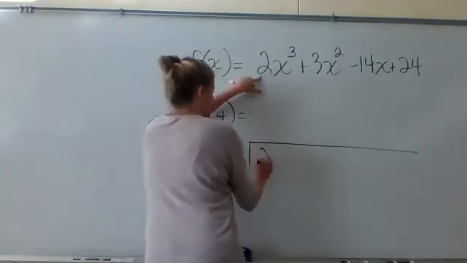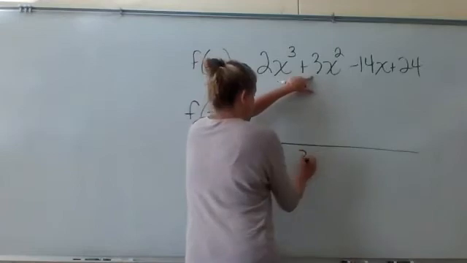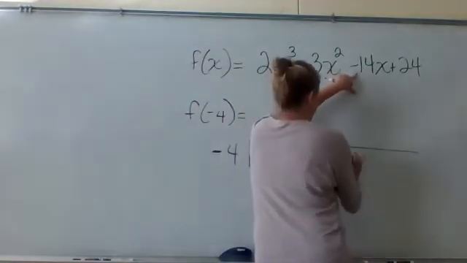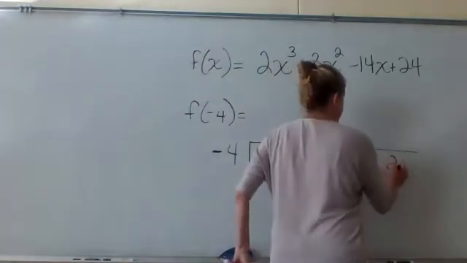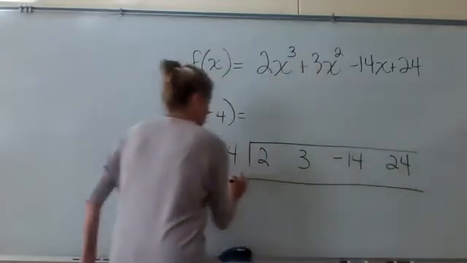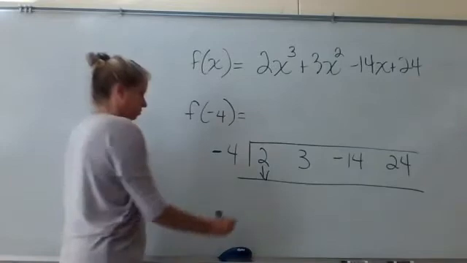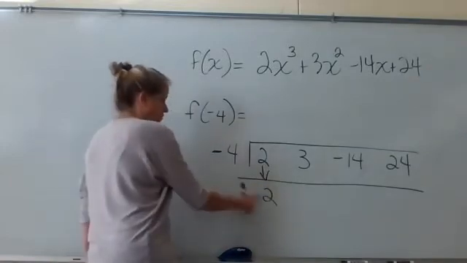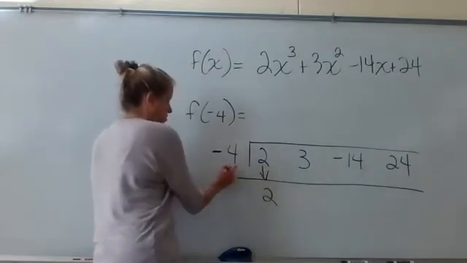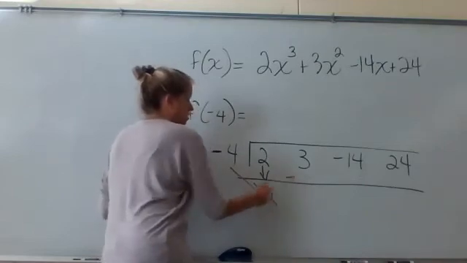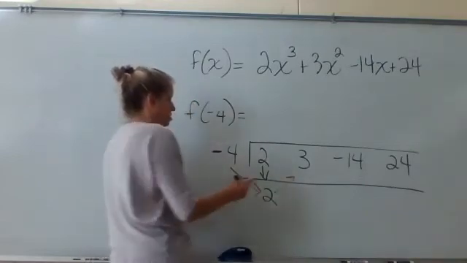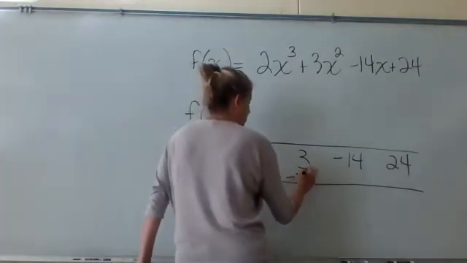Using my coefficients, I'll have 2, 3, -14, and 24. Drop down that 2. -4 times 2. Put your answer there. So -4 times 2 is -8.